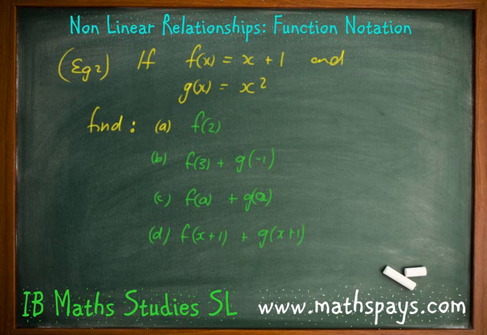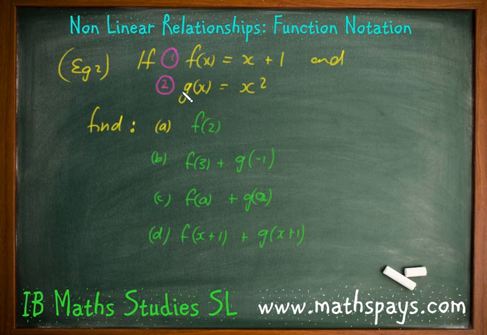The first question I'll ask is, why do you think we've got an f of x and a g of x? Why can't I put f of x and f of x? If I put f of x equals x plus 1, f of x equals x squared, and you've got f of 2, you're asking which function do I substitute the 2 into? So this is the first function, and this is the second function.